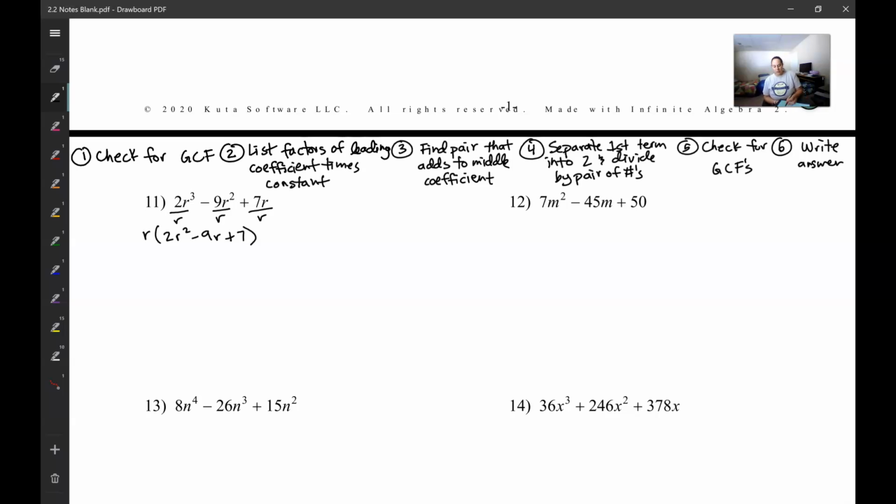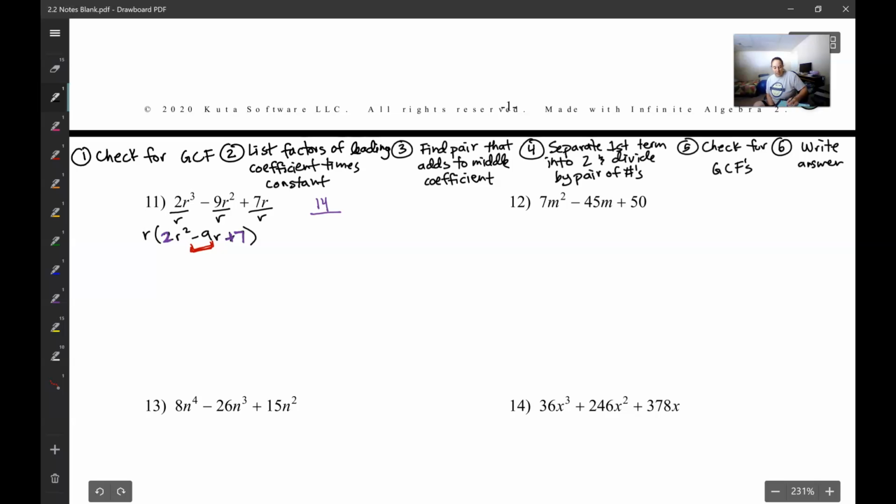Now, step 2. List the factors of the leading coefficient times the constant. So 2 times 7, I'm going to list the factors of 14. Now, try and start to get faster at this step, where instead of listing all the factors, I just list the ones that I know are going to get me to my middle term of negative 9.